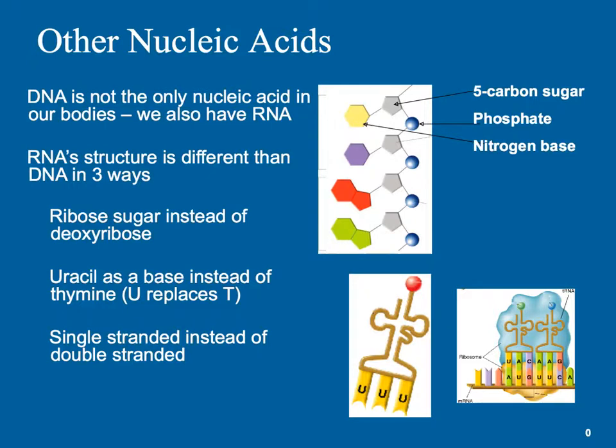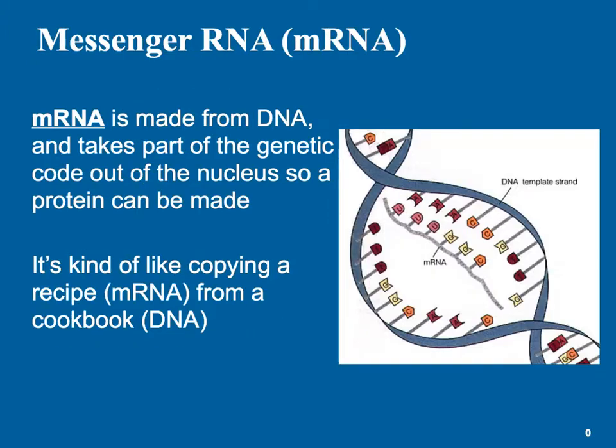So messenger RNA plays a vital role in getting the information that is stored in the nucleus to the ribosome, because remember, ribosomes make protein, and because they are single-stranded, they can pass through the nuclear envelope. So they're going to carry that message that they have copied from DNA to the ribosome, and the ribosome is going to read that message and then make the corresponding proteins that are associated with that message.